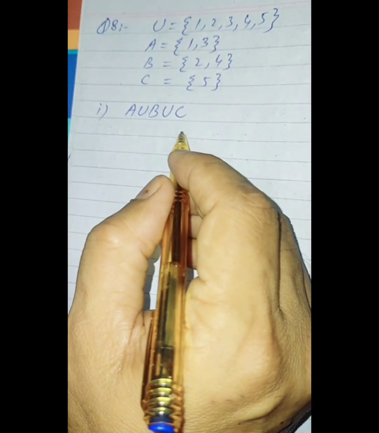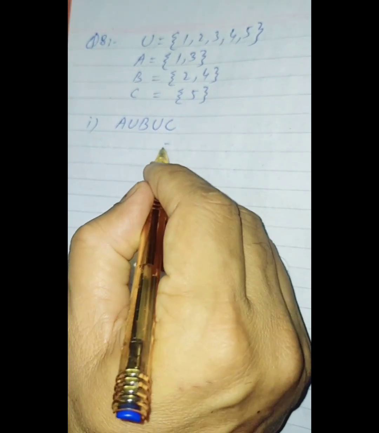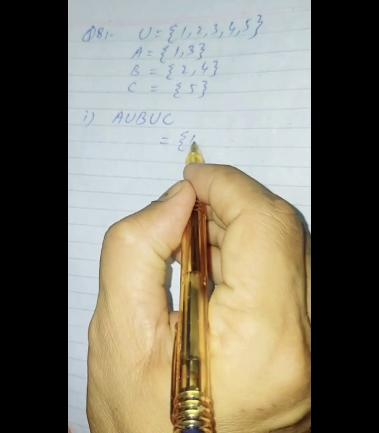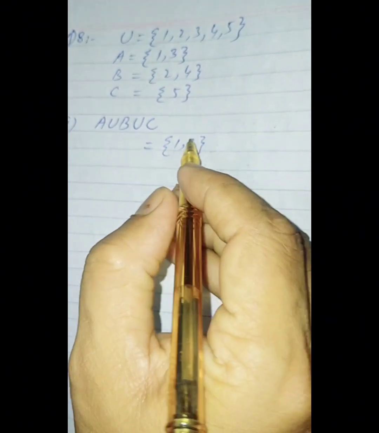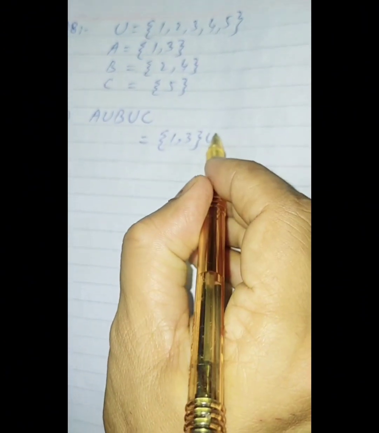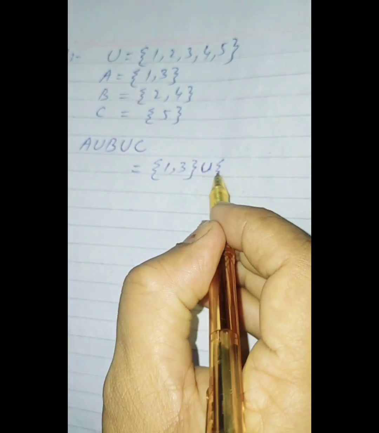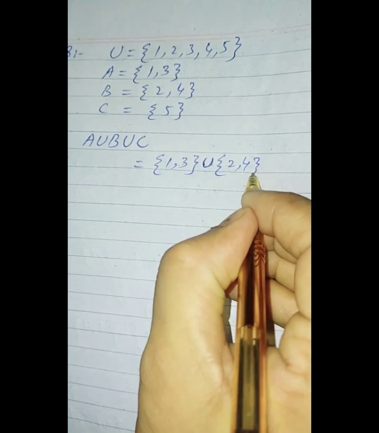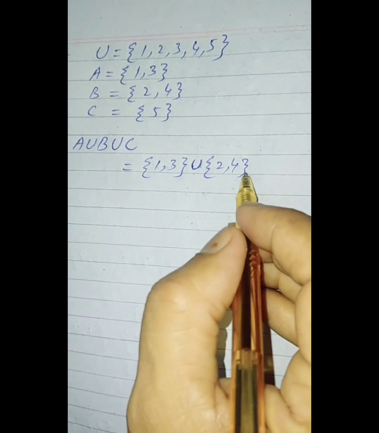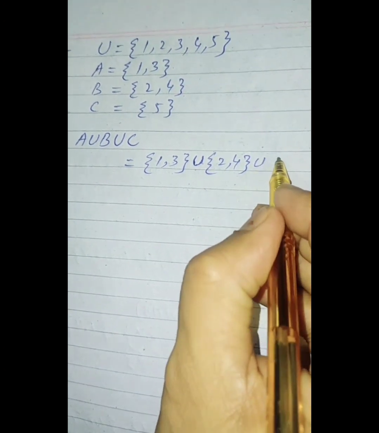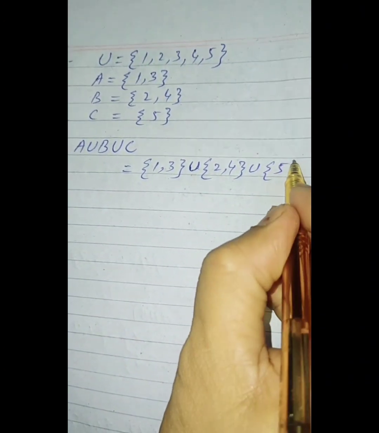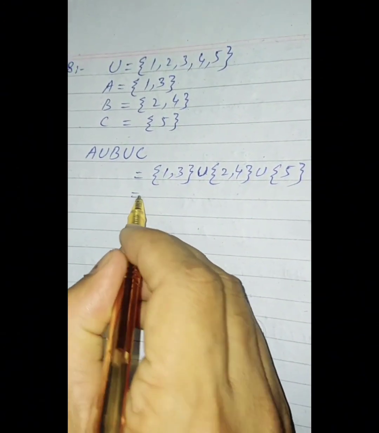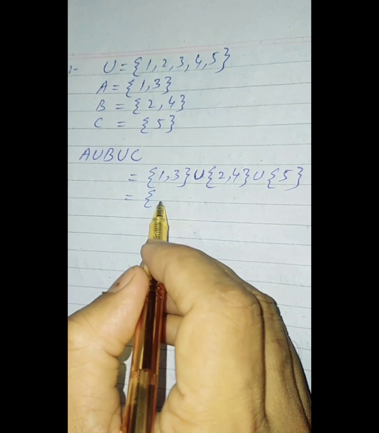So what we will do, we can write it as set A whose members are 1, 3, then we will put the sign of union, then we will write set B whose members are 2, 4, then we have set C whose member is 5 only. Now we can take the union of all the three sets in a single step.